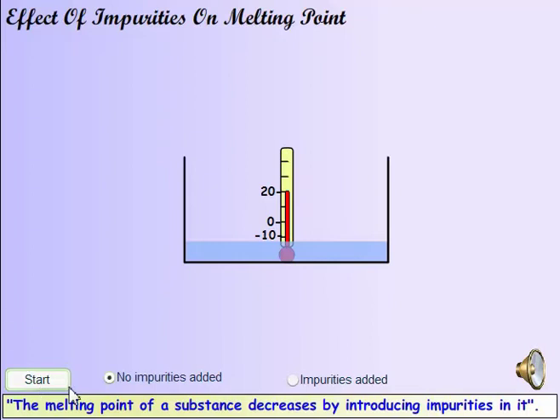When impurities are added to a substance, the melting point decreases.